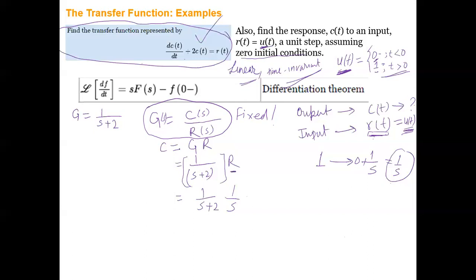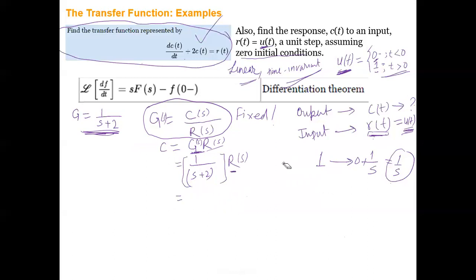C equals G times R, right? You can write G(s) here and R(s) here. Do you know G(s)? It's already found, from part one of the problem. So G(s) is 1 over s over 1 over s plus 2. Then R(s) is R(s). Now we need to figure out R(s).